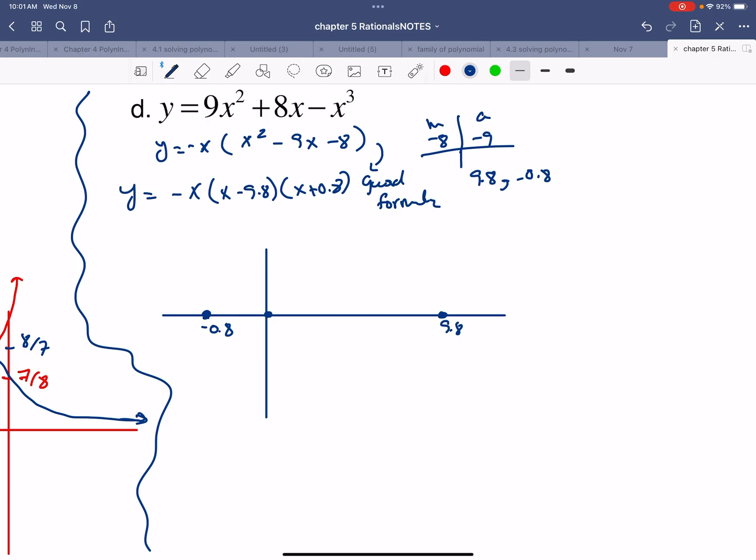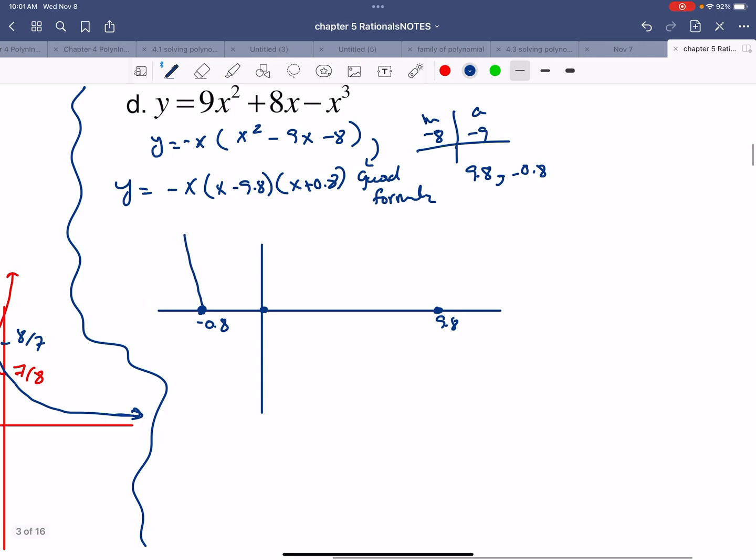And the graph is going to be going from the second quadrant to the third quadrant. Okay, so this is my original function.